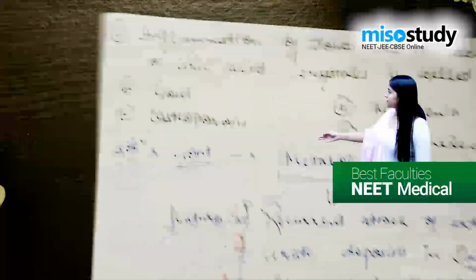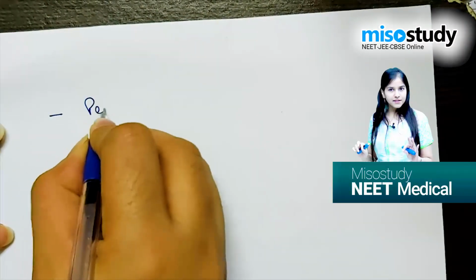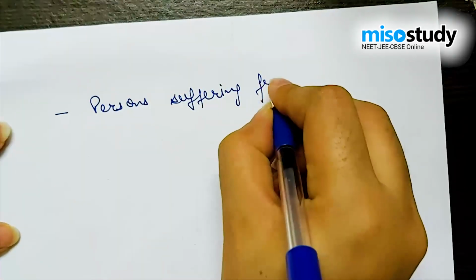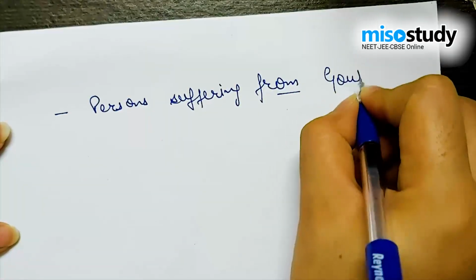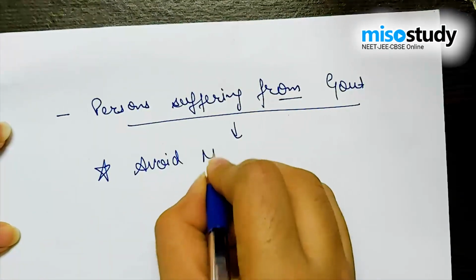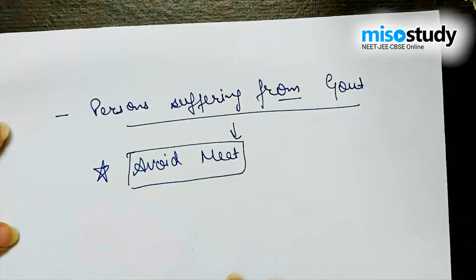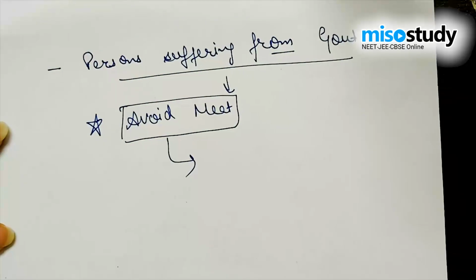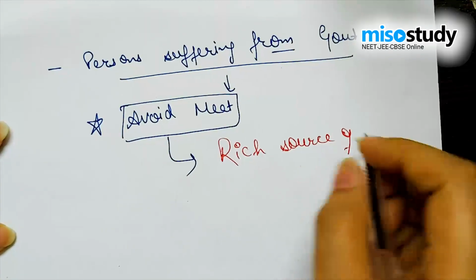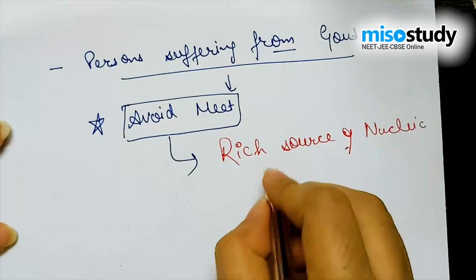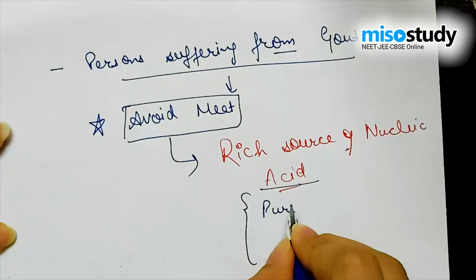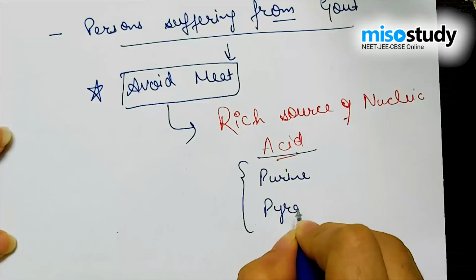Persons suffering from gout should avoid meat, because meat is a rich source of nucleic acid, and these nucleic acids consist of both purine and pyrimidine.